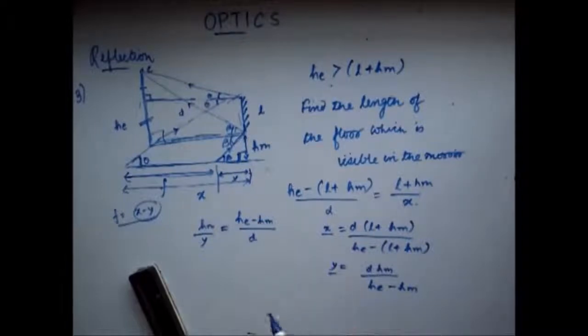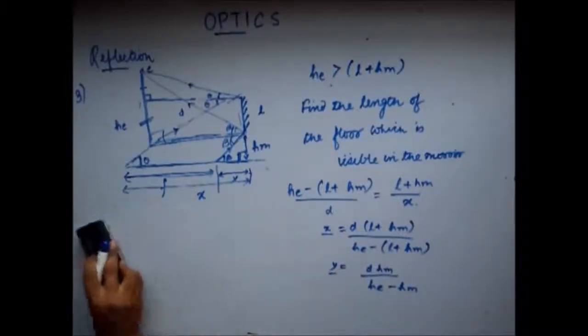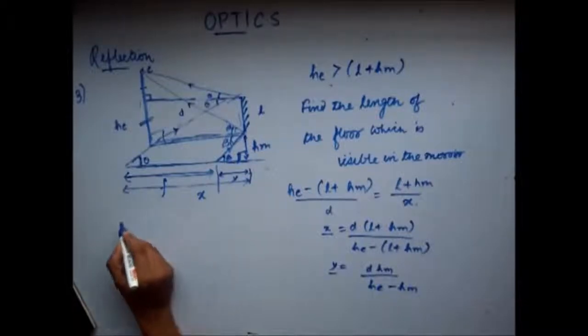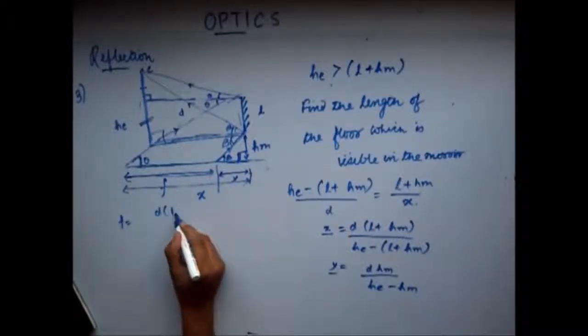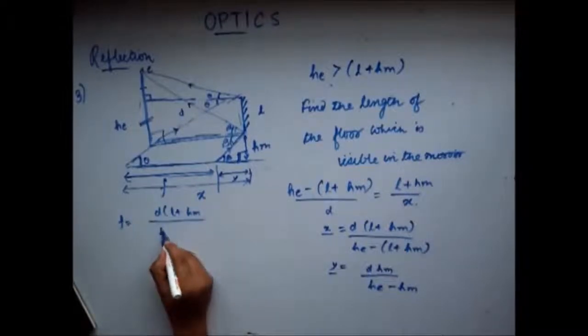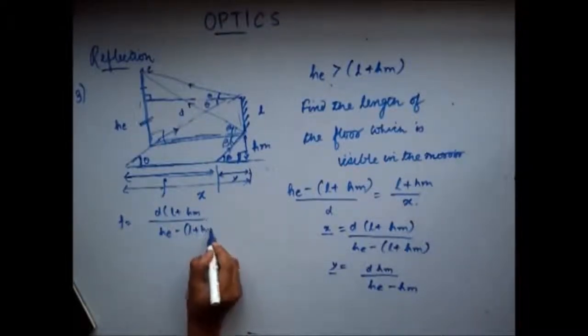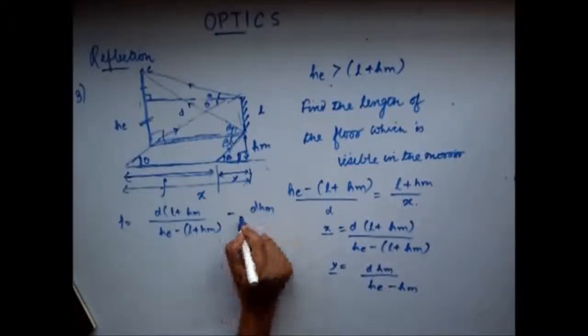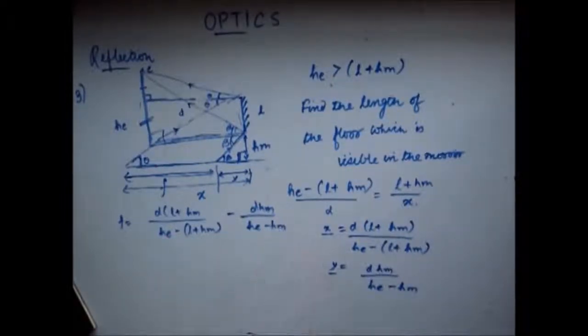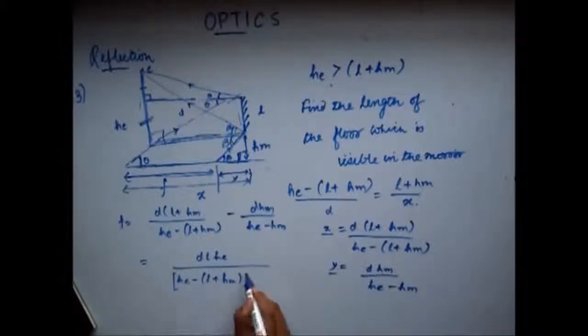If I subtract these two, I'll get my distance F as D times (L plus HM) divided by HE minus (L plus HM), minus D times HM divided by HE minus HM. The final answer will be D L HE divided by HE minus (L plus HM), into HE minus HM. So this is my final solution.